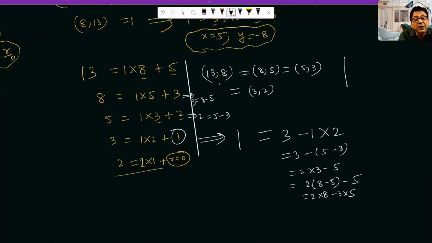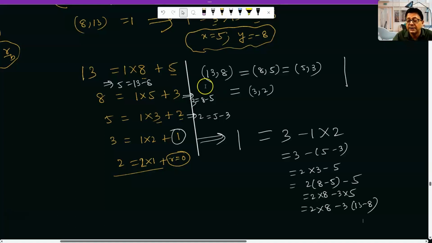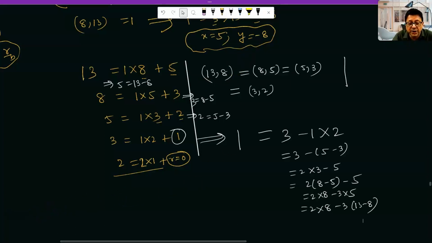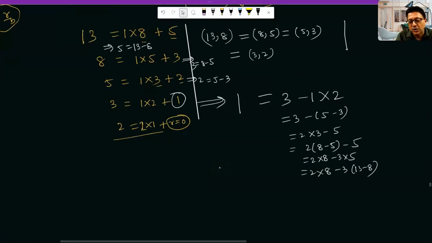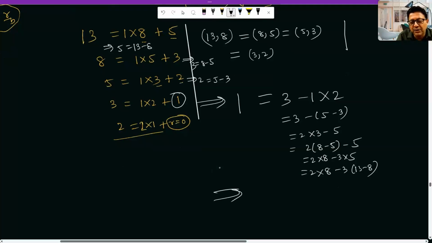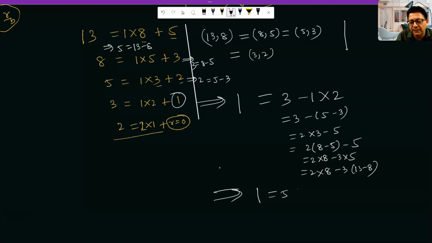But what is 5? This implies 5 equals 13 minus 8. You just substitute 3 into (13 minus 8). Clear? So you got this. So 1 is going to be equal to 5 into 8 minus 3 into 13.